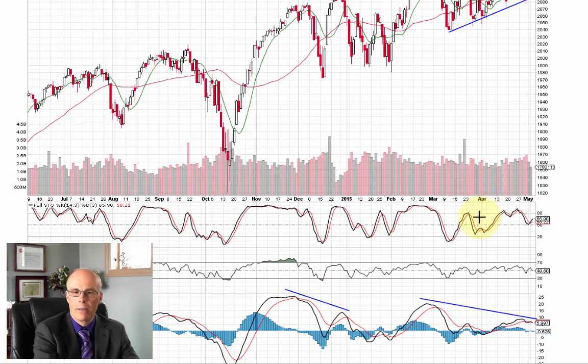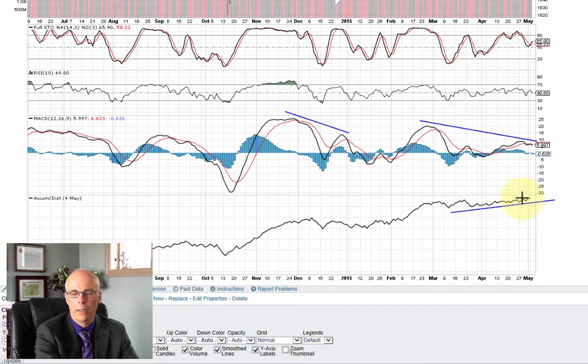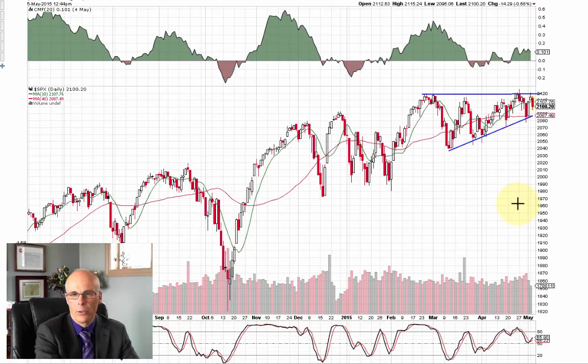So my thoughts on this are that MACD is just one indicator. It is not the holy grail of indicators. It is simply giving us one potential clue as to which way the market will break out of this triangle. It may, according to MACD, want to break down. However, none of the other indicators, including, most importantly, money flow, are showing us anything bearish on the market right now.